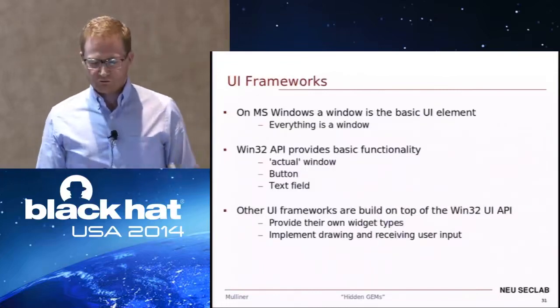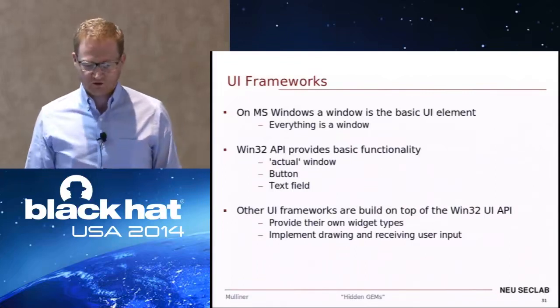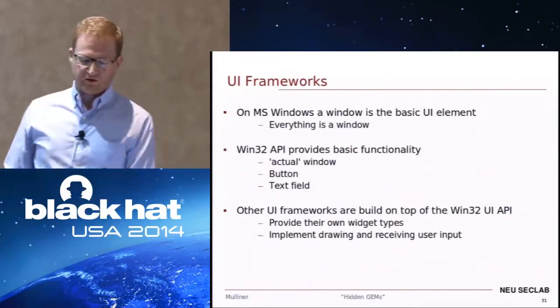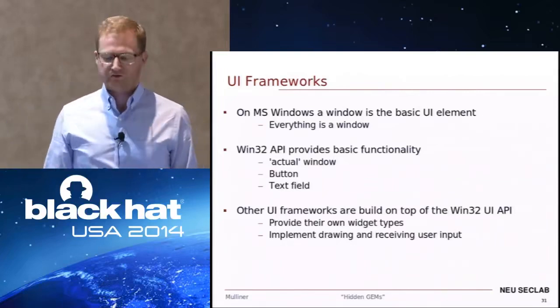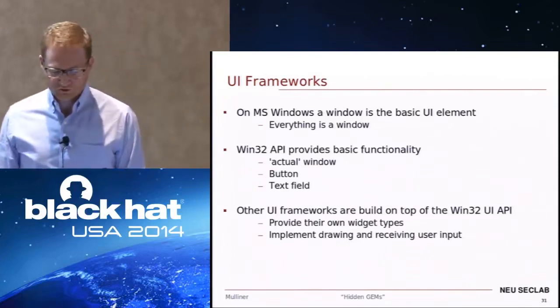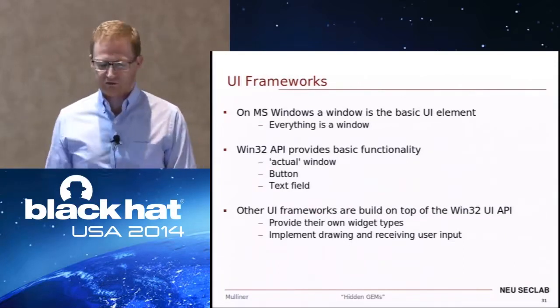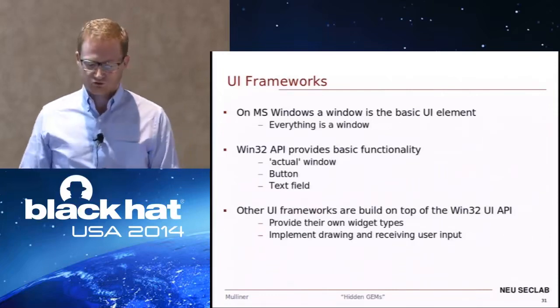So, a little bit more background on UI frameworks. As I said in the beginning, on Microsoft Windows, every basic UI widget is called a window. Basically everything is a window. A button is a window, an actual window is a window, a text field is a window. And it has very basic functionality: hide, draw into it.